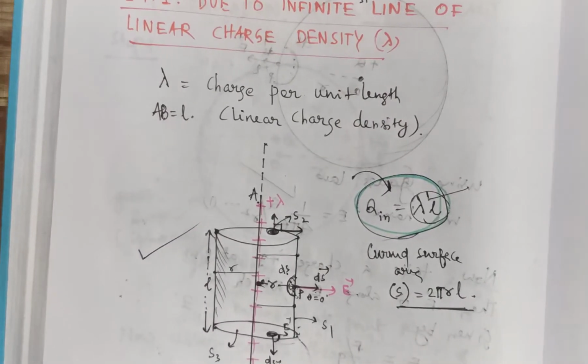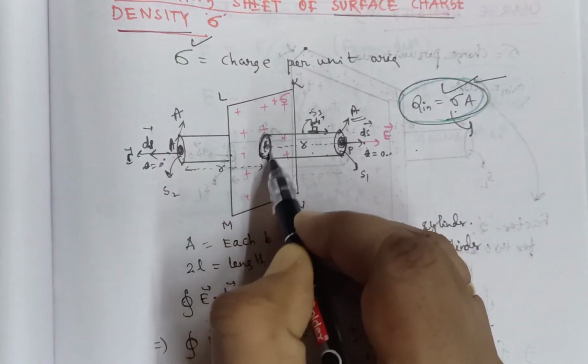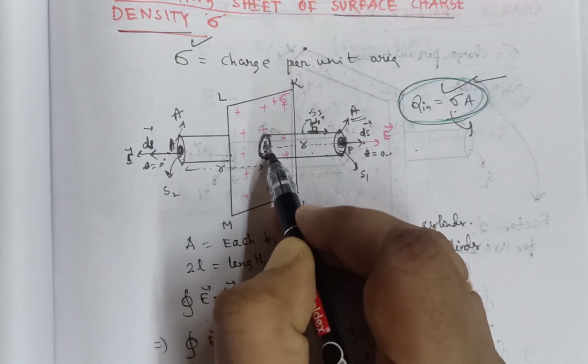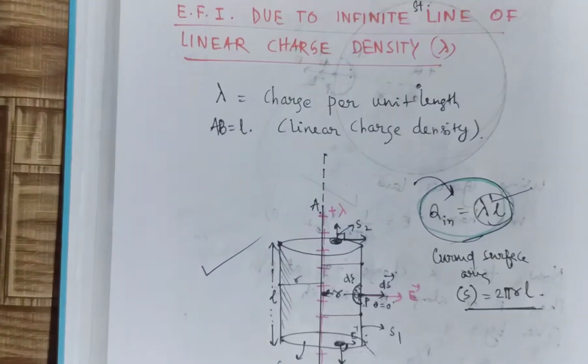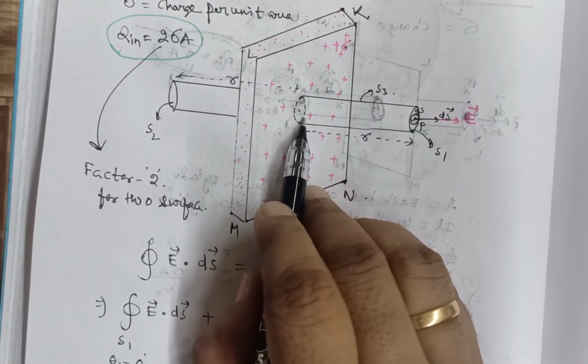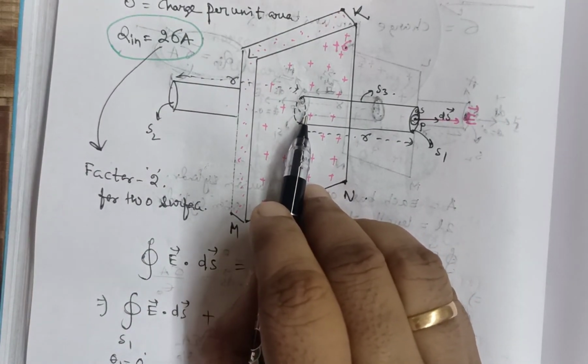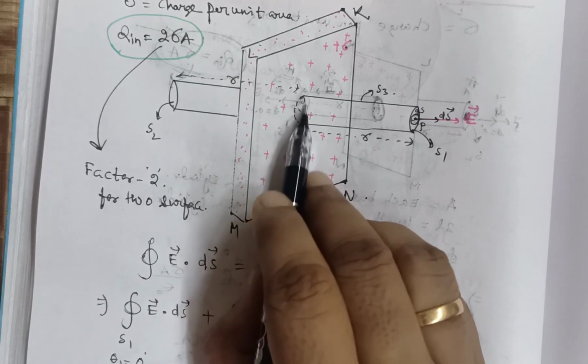In the first case, the Gaussian surface inside the thin sheet is only a circular plate, a very thin plate, like a bindi. But here it is a thick sheet. This is like a pellet, like a medicine tablet.